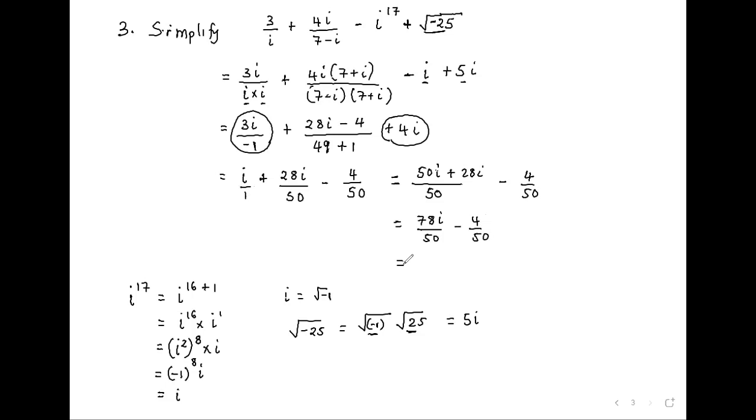So we divide 2 into 78, that's 39. 39i over 25, since 2 into 50 is 25. And then minus 2 into 4 is 2, and 2 into 50 is 25. So we can leave our answer in this form.